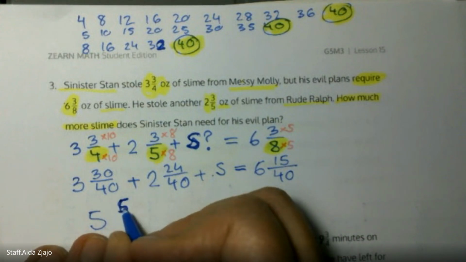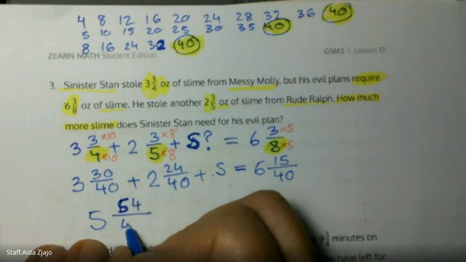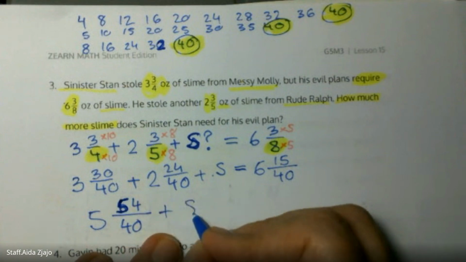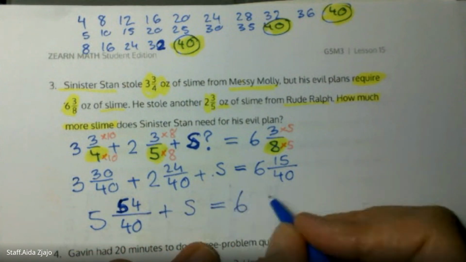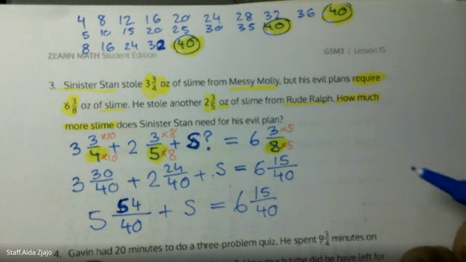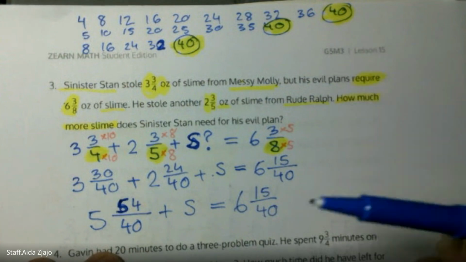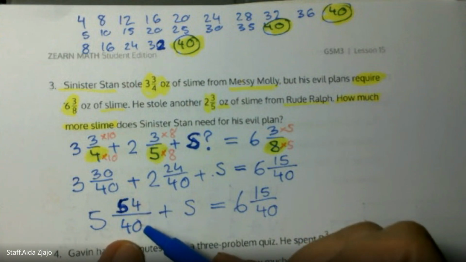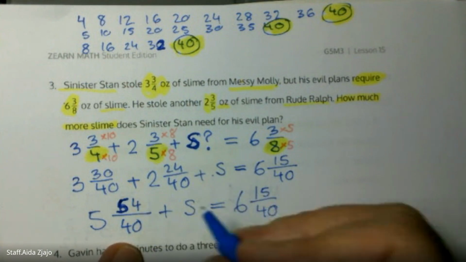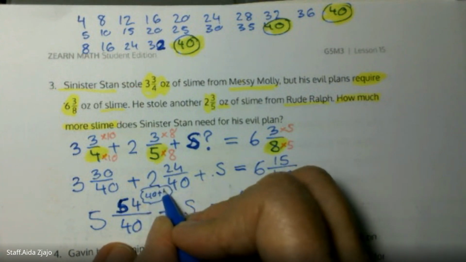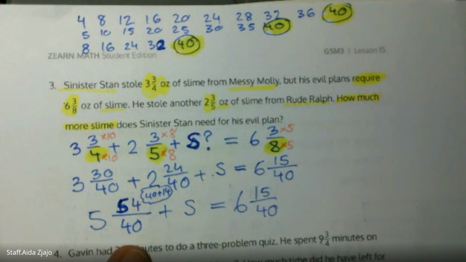So we got 54 40ths plus S must equal 6 wholes and 15 40ths. So in this 54 40ths, 40 plus 14 makes 54.